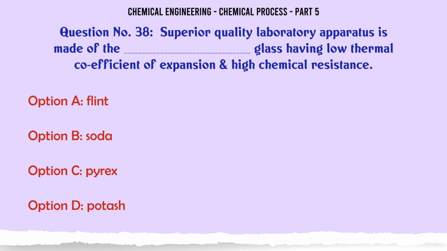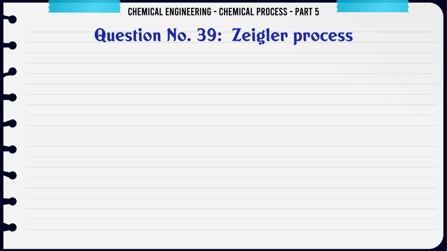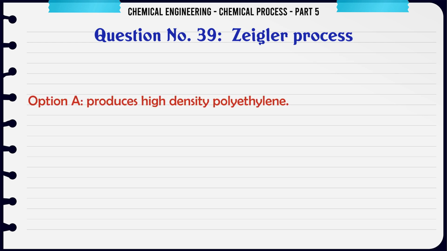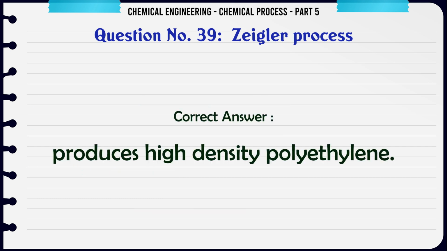A. Flint, B. Soda, C. Pyrex, D. Potash. The correct answer is Pyrex. Ziegler process: A. Produces high-density polyethylene, B. Produces low-density polyethylene, C. Uses no catalyst, D. Employs very high pressure. The correct answer is produces high-density polyethylene.